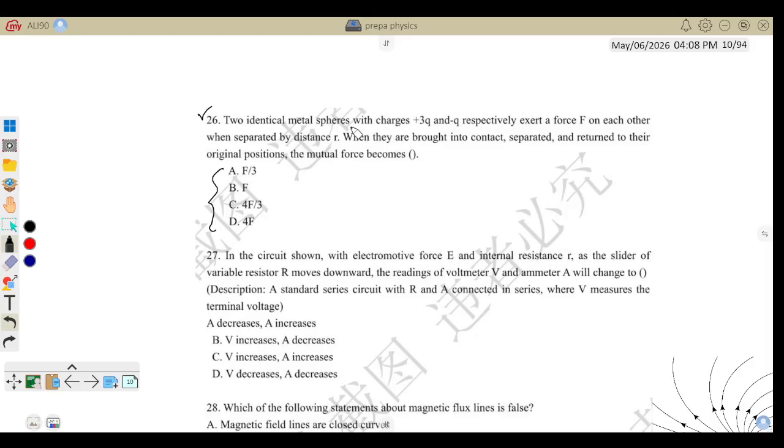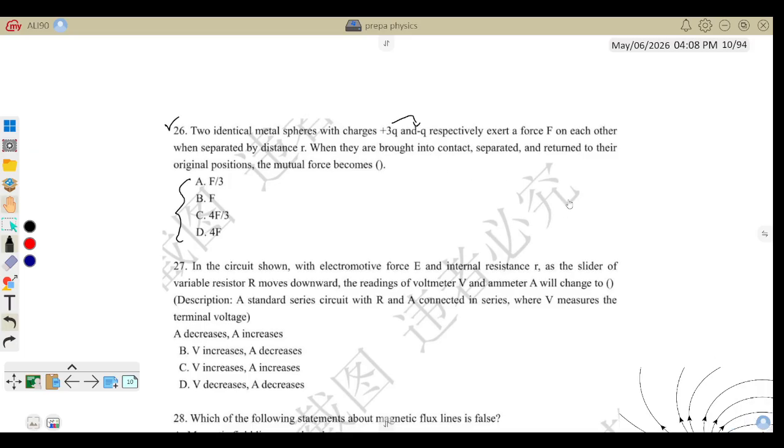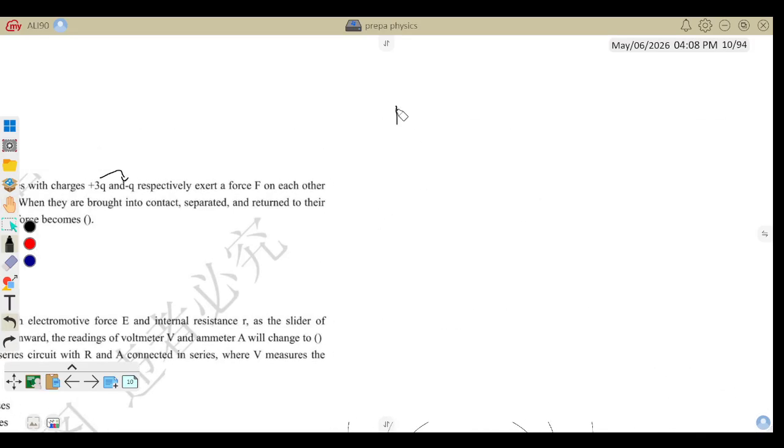Previously it was the r which changed, but now the q's will change in this case. So let's get back to the famous formula, F equals k q1 q2 over r squared.